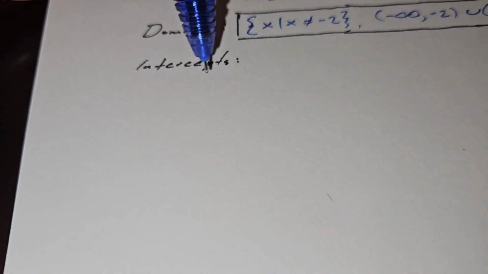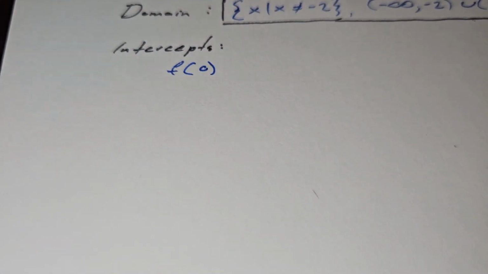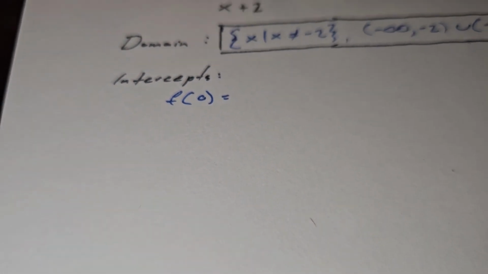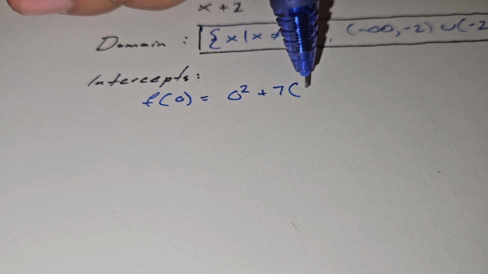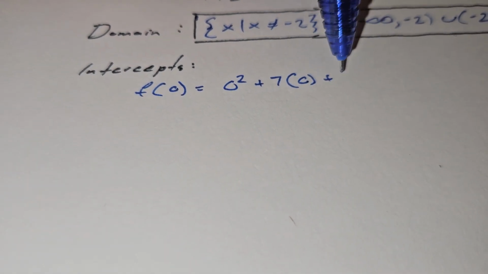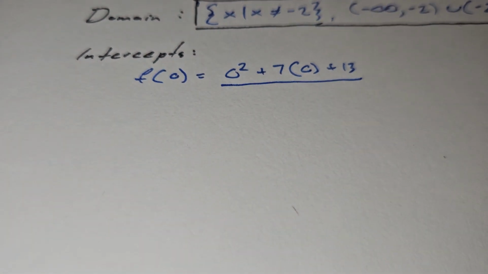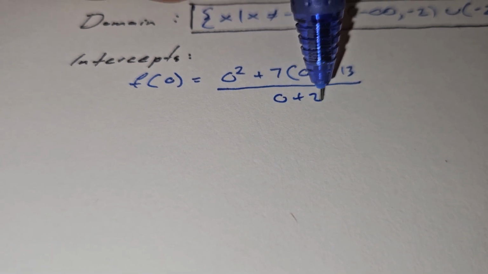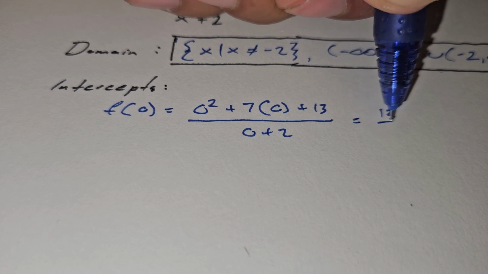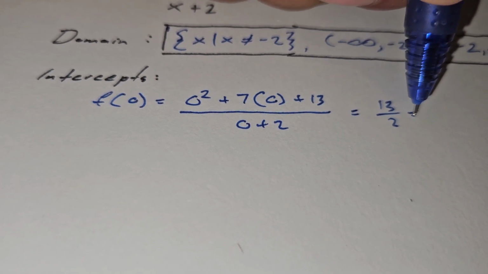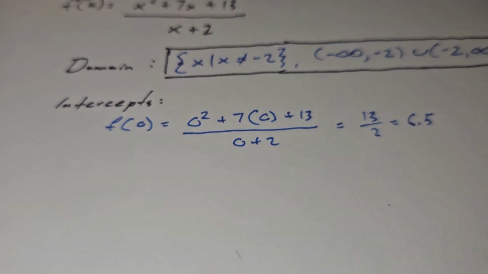We have f of 0 is equal to 0 squared plus 7 times 0 plus 13 all over 0 plus 2. This will give us 13 divided by 2, which equals 6.5 if you divide.